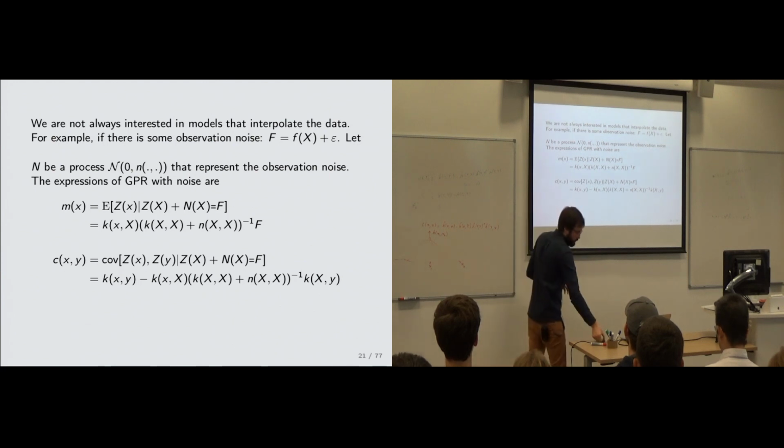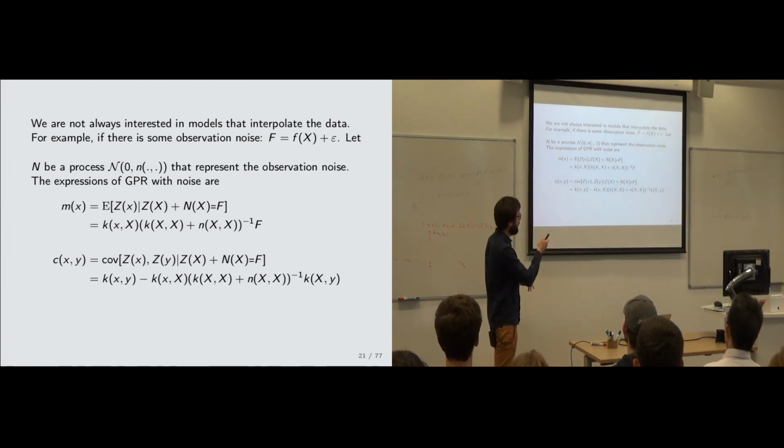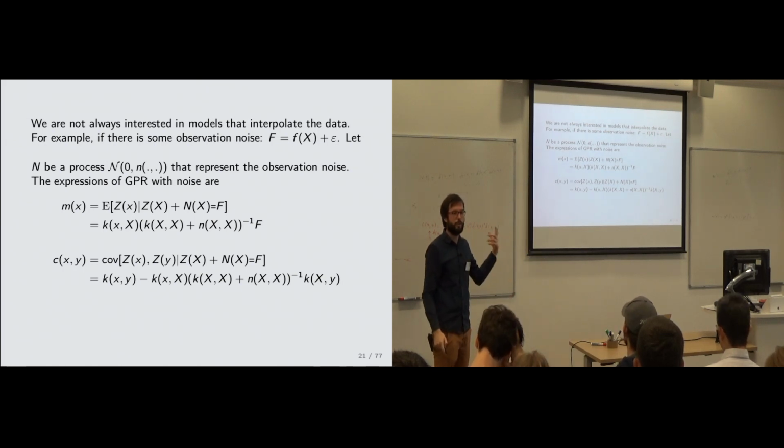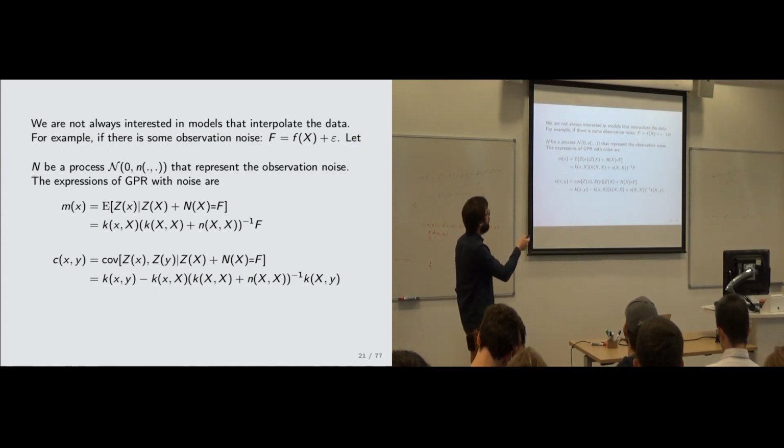So if we change the model a bit, before we had that the observations were equal to the function we were interested in, and now we say the observation is equal to the function we're interested in plus some noise, and we take this noise to be Gaussian distributed. Then this conditional distribution is still the conditional distribution of a multivariate Gaussian.